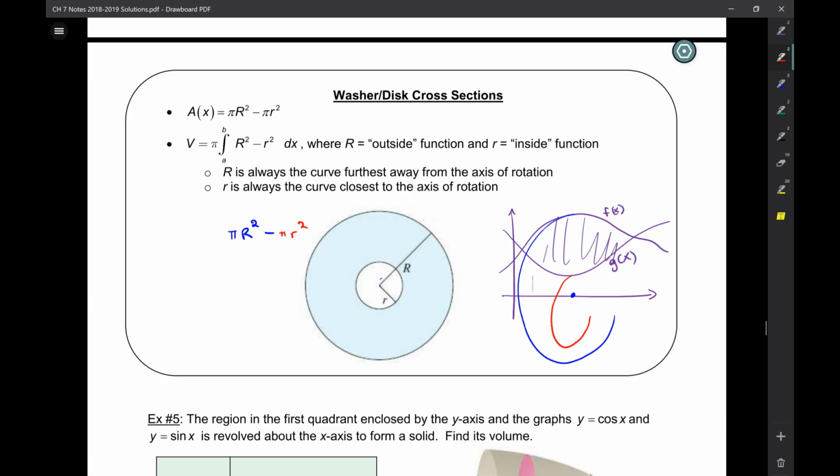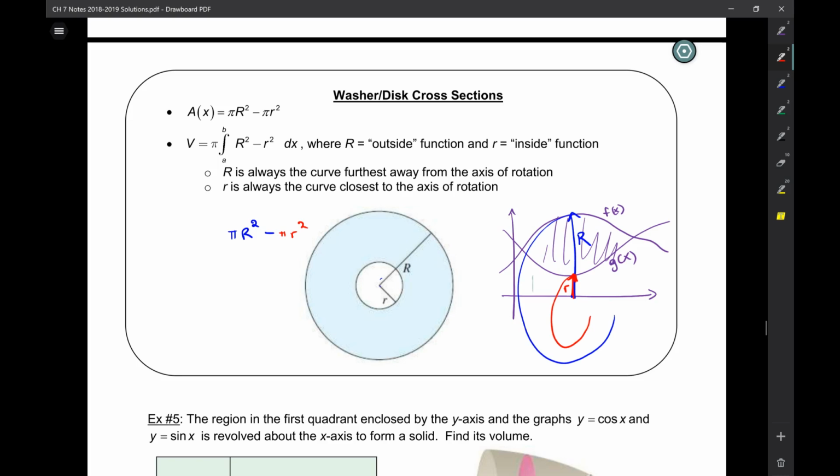And what are these big and little radii? The big radius goes from the axis to the upper curve, that's big R. And the little radius goes from the axis to the lower function, the small radius. Okay, questions?